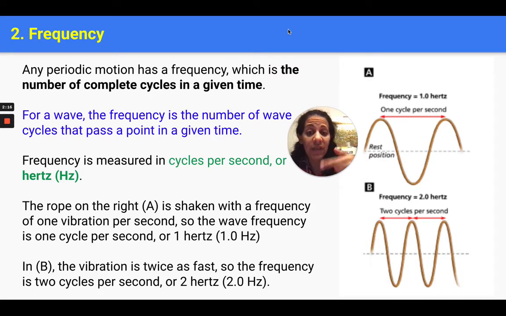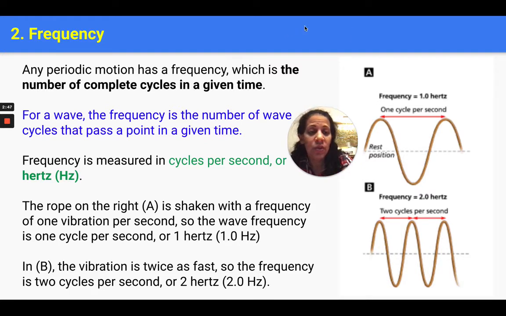The definition of frequency is the number of wave cycles that pass a specific point in a given amount of time. We measure the frequency in hertz. Hertz is basically cycles per second. If we calculate it per second, then the unit becomes hertz. So how many waves in 1 second is hertz.